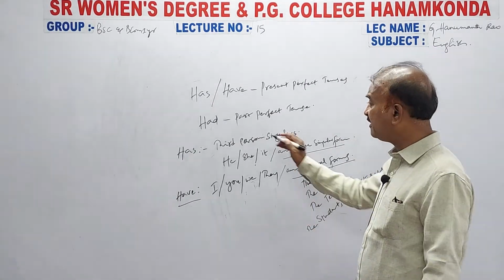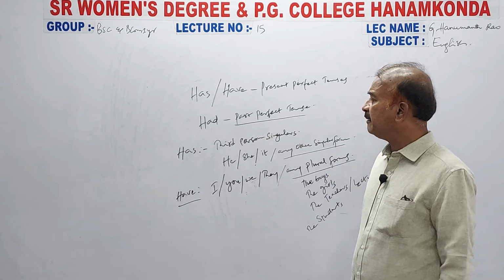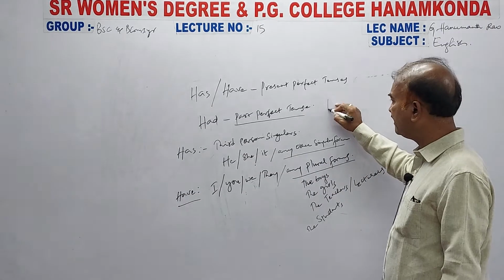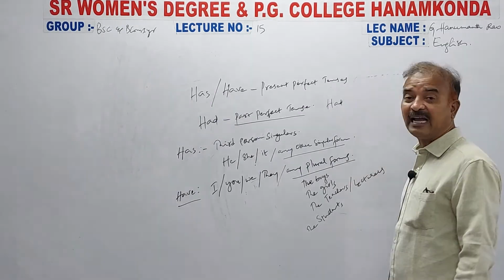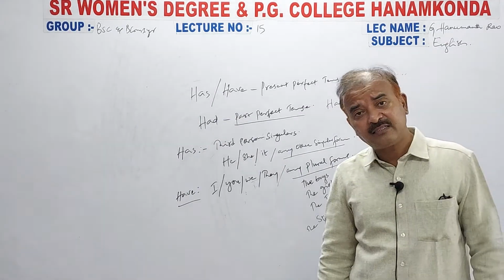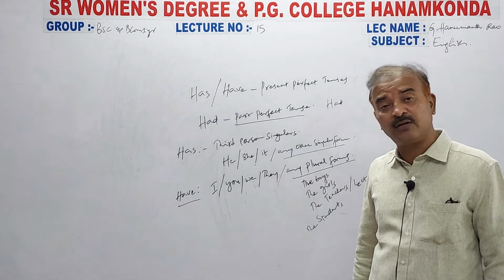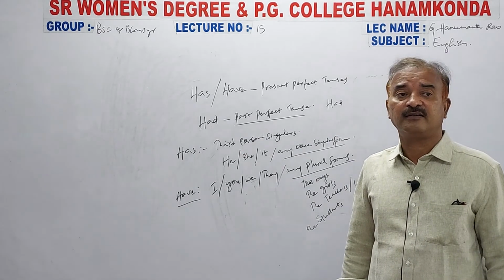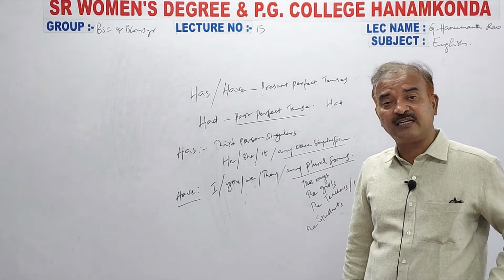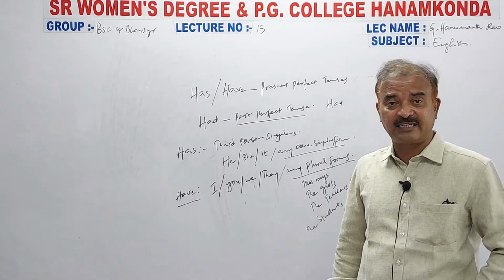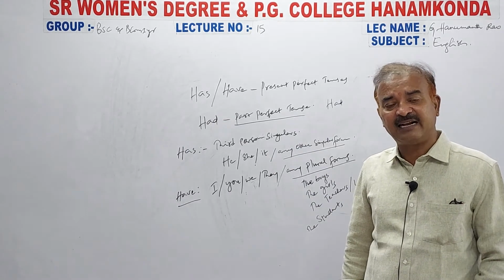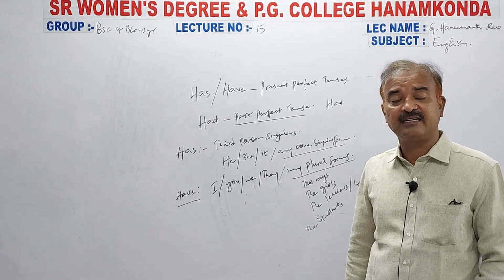And another thing, when should we use this past perfect tense? HAD, had, can be used for all kinds of singulars and all kinds of plurals without any restriction. The boys had, the boy had, the lecturers had, the lecturer had.